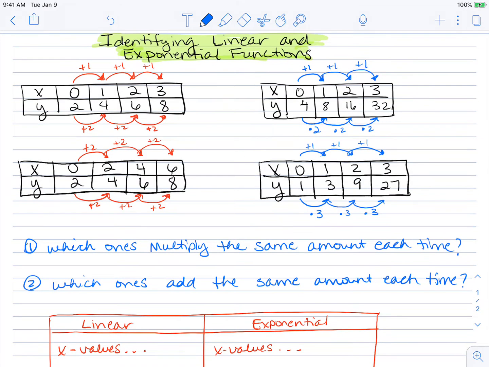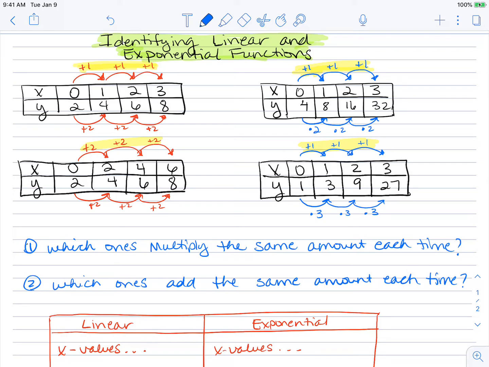When I'm looking at my x's, it looked like no matter which x I was looking at, all of my x's always added the same every time.